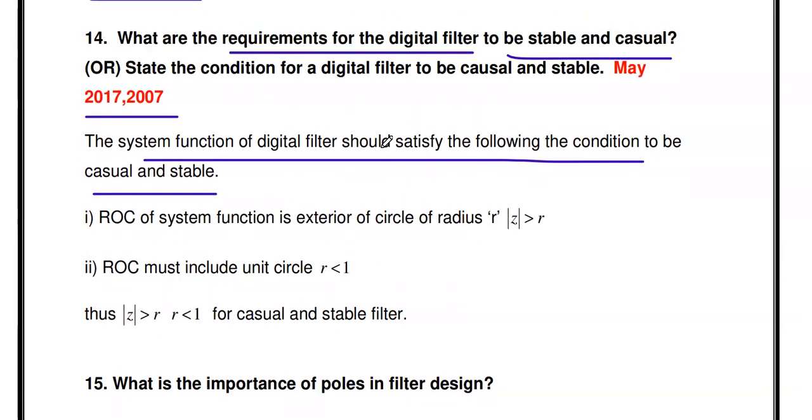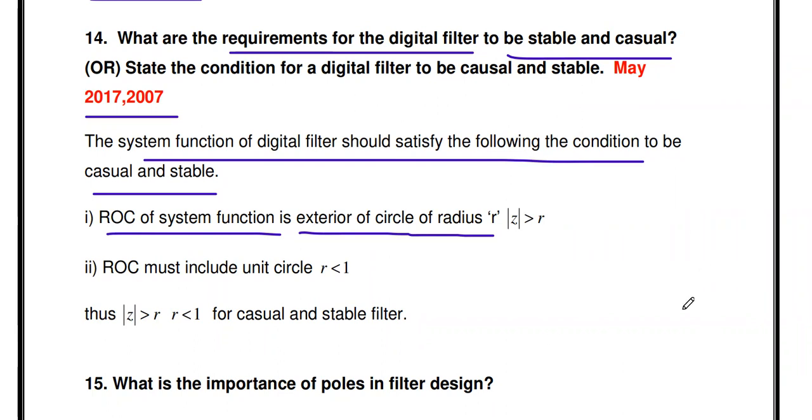We can define this question using various methods. One method is in terms of impulse response. Another is in terms of pole location. Another is in terms of ROC. So here we are going to define it in terms of ROC. If the ROC of the system is the exterior of a circle of radius R, then that system is called a causal system.